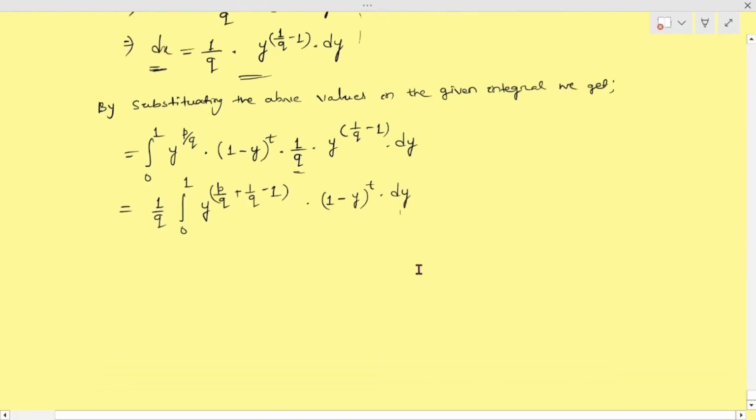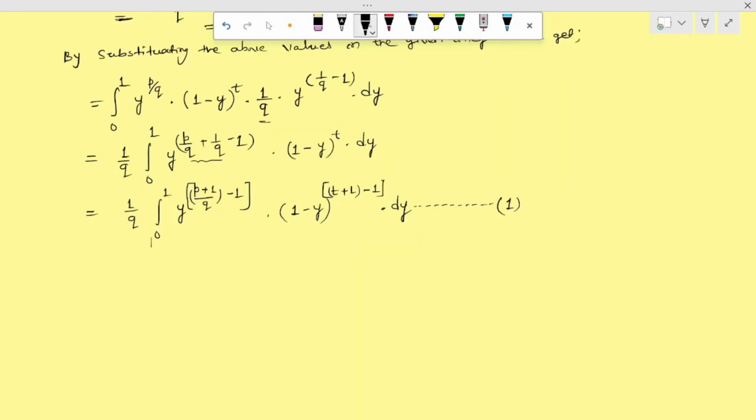This one also can be written as 1 by q, 0 to 1, y to the power, here I am going to add these two terms only, so it will be p plus 1 by q minus 1, and here 1 minus y to the power t. This t can be written as t plus 1 minus 1 into dy. Let this be your equation number 1.